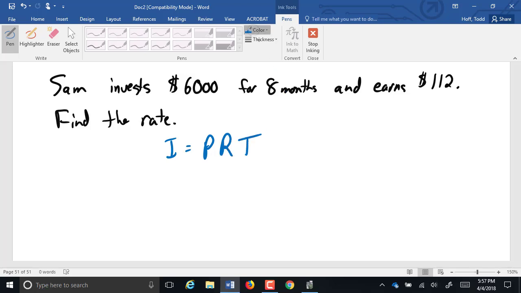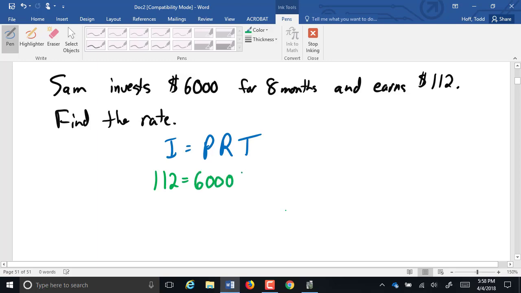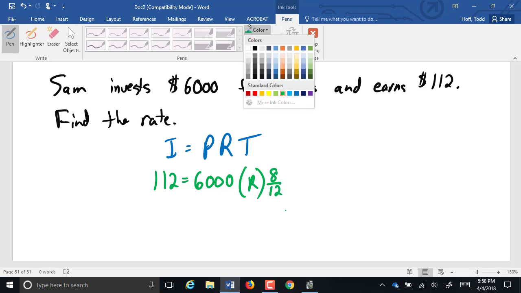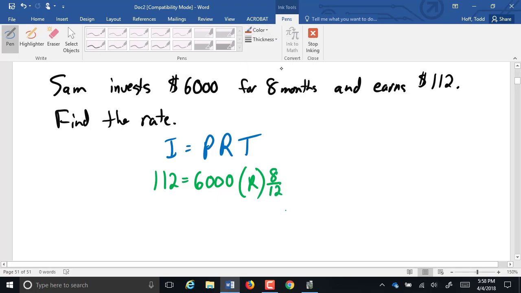So I equals PRT. What goes in for I? 112. What goes in for P? 6,000. What goes in for R? R, right? That's what we're looking for. What goes in for T? 8/12, 8 months. This one's still going to come out nice, isn't it?